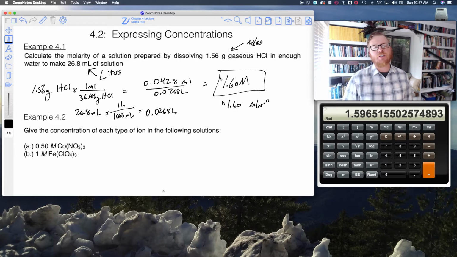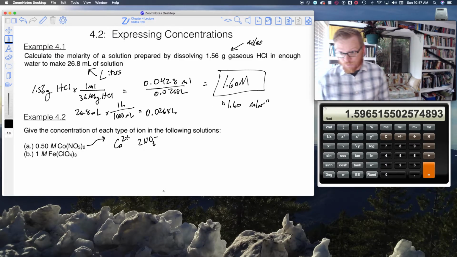Give the concentrations of each type of ion in the following solutions. 0.5 molar cobalt, that's got to be cobalt 2 nitrate. Okay, so let's break that down. When I'm looking at that formula, I recognize that that's got to be Co2+, and I also recognize there's 2 NO3 minuses.